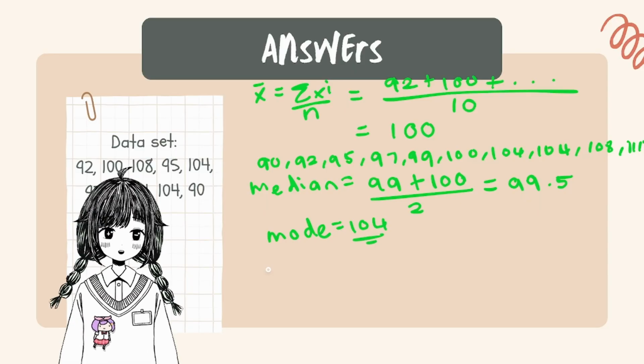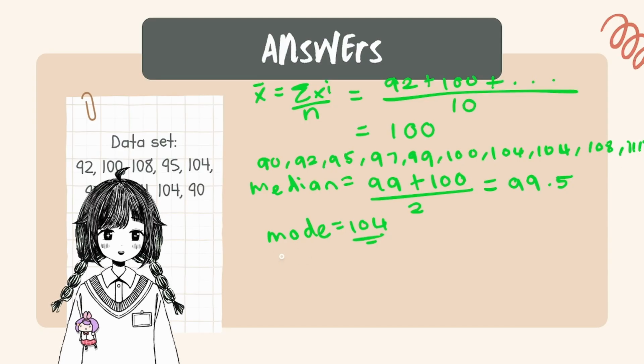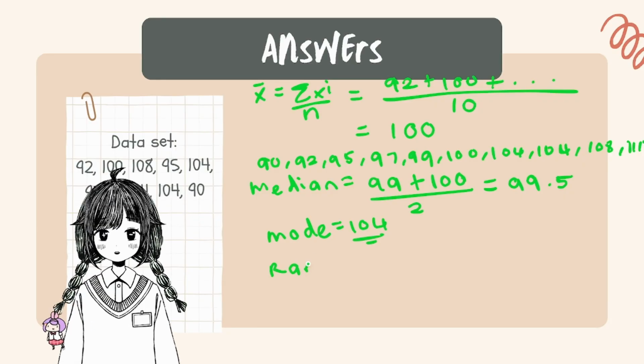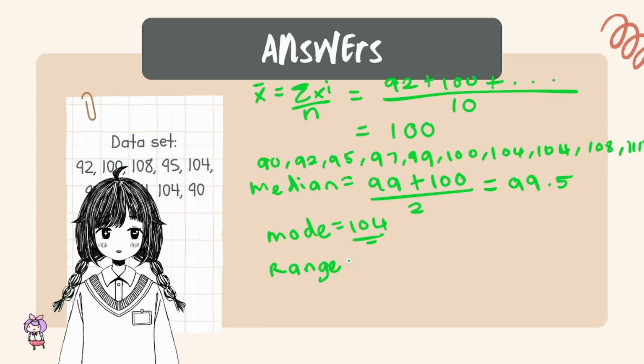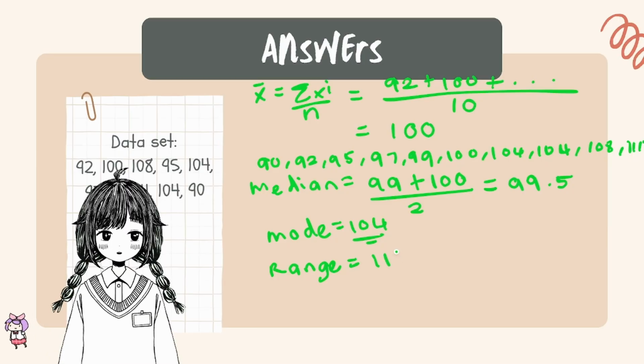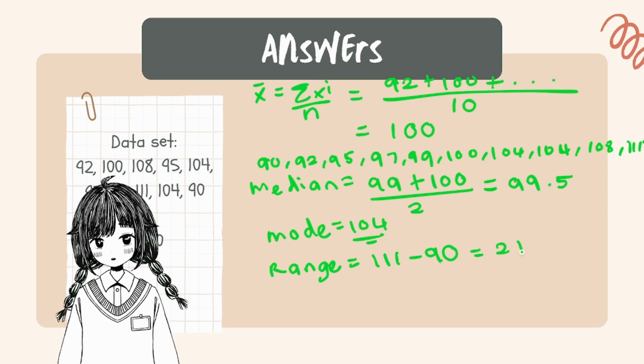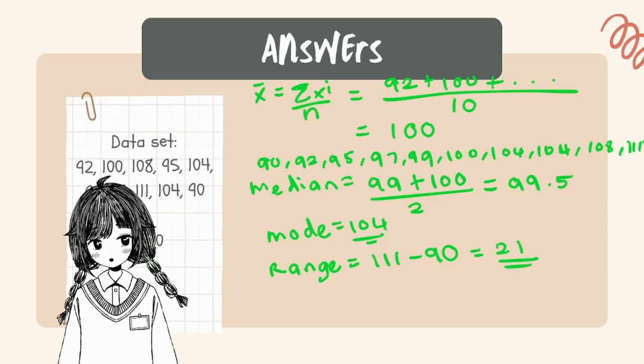And then for the range, the highest number is 111, minus the lowest number, which is 90, so it equals 21. So we already have these answers.